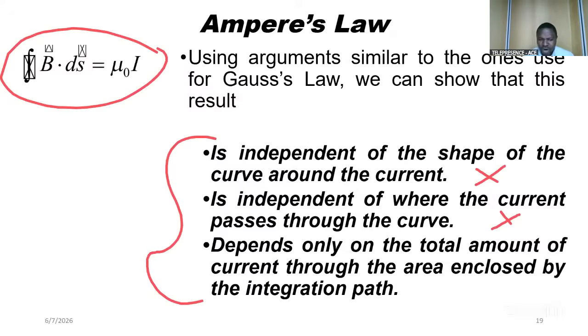If it says current passes through the curve, not correct, but it only depends on the total amount of current through the area enclosed by the integration path. Do you understand? Take note of this, and when you get the slide, make sure you master this aspect very well.